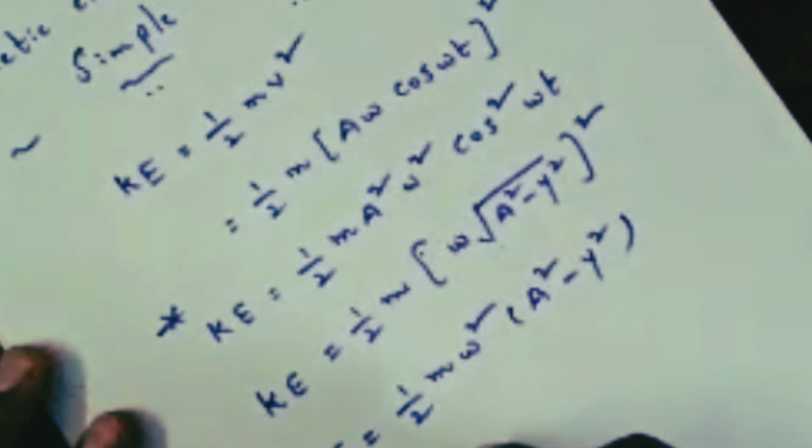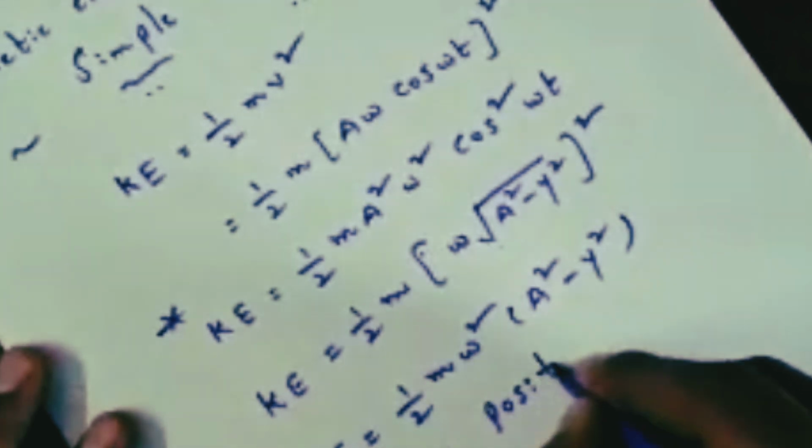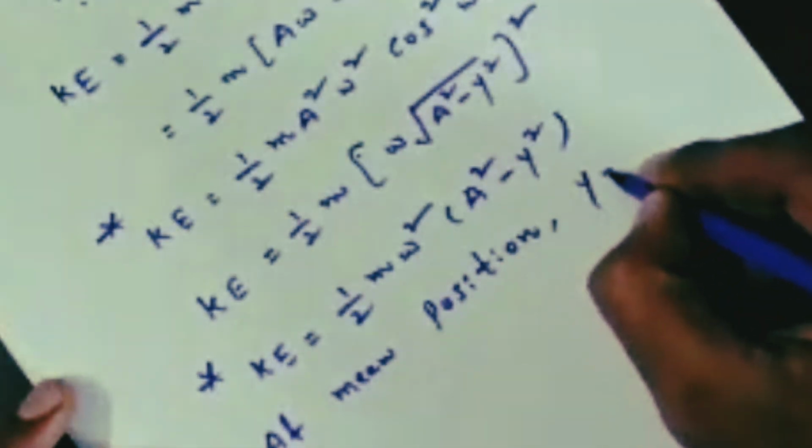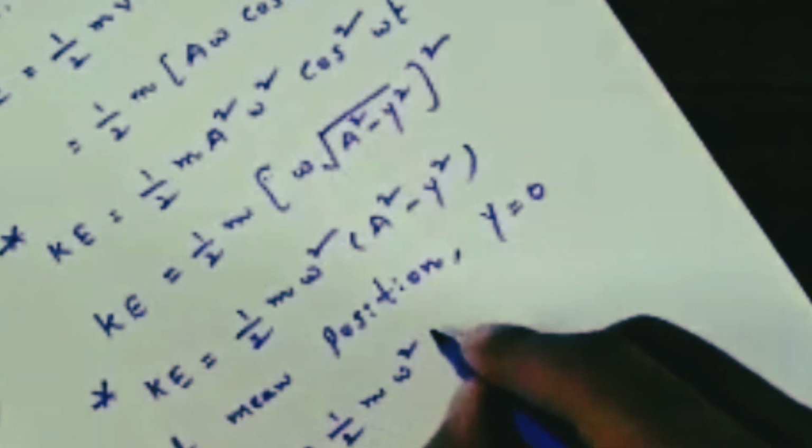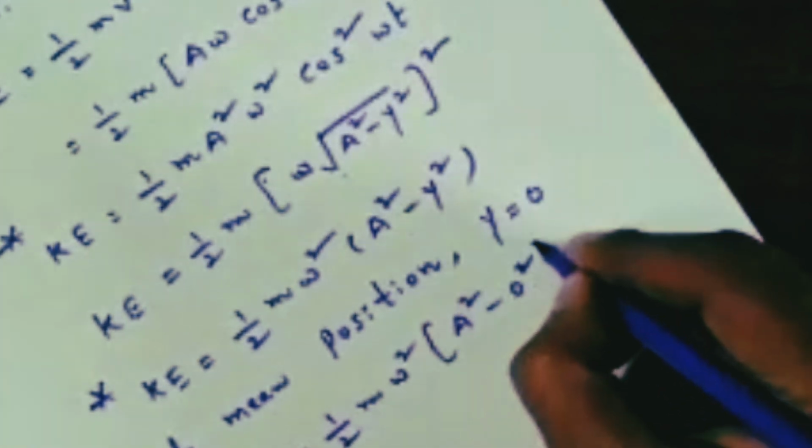Then what about the kinetic energy at mean position and extreme position? At mean position, y is equal to 0. Then KE is equal to half m omega square, a square minus 0 square.